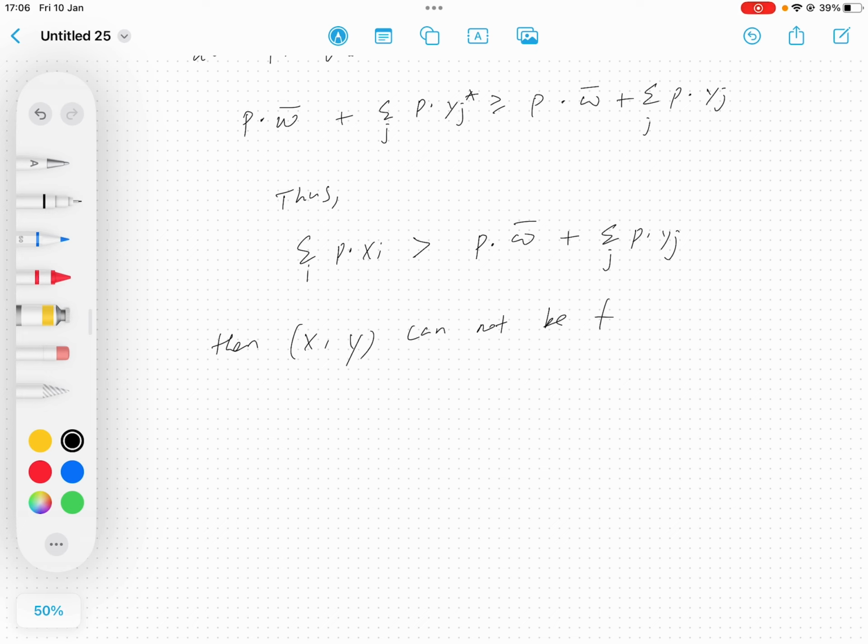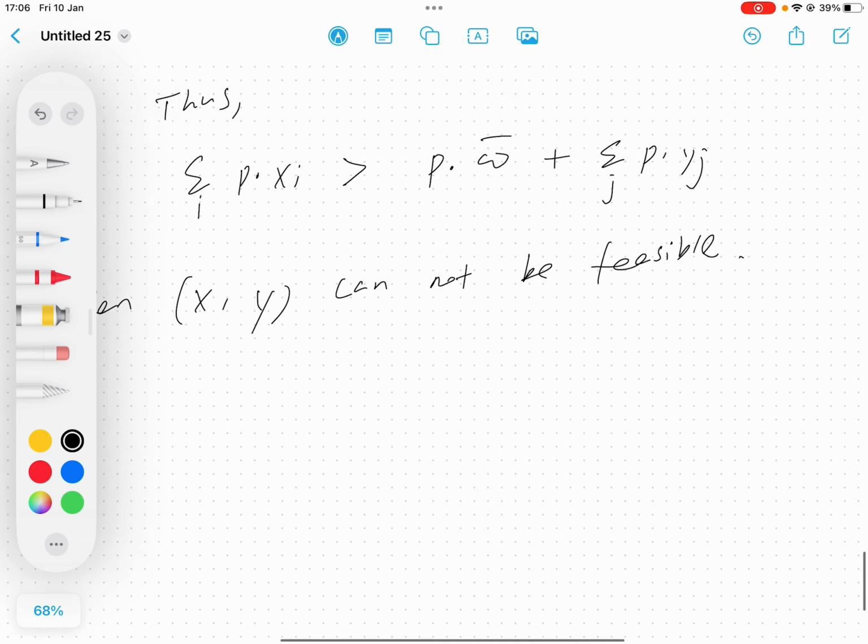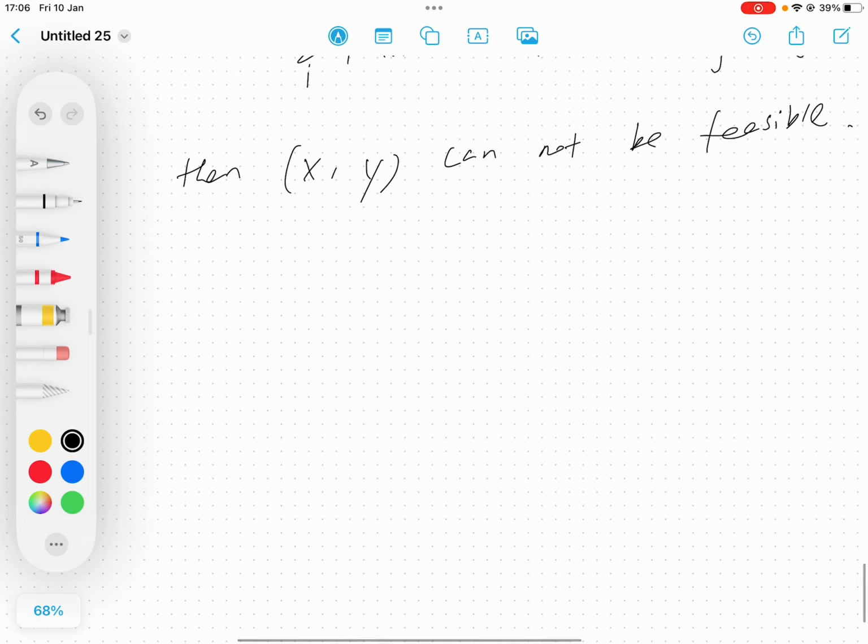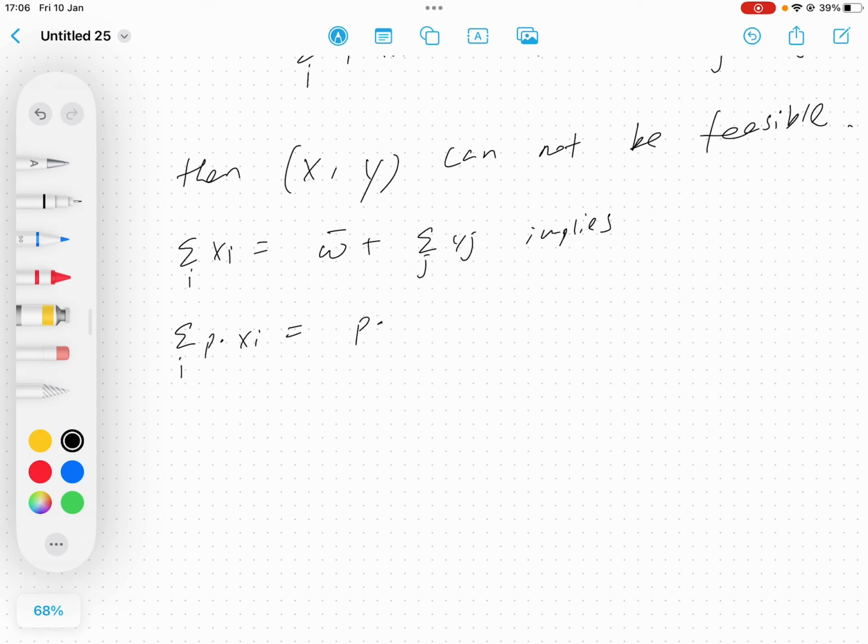Cannot be feasible, okay? In other words, the summation over i of x_i equals omega plus the summation over j of y_j. This implies the summation over i of p·x_i equals p·omega plus the summation over j of p·y_j.